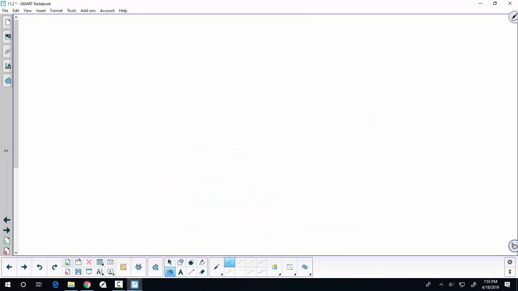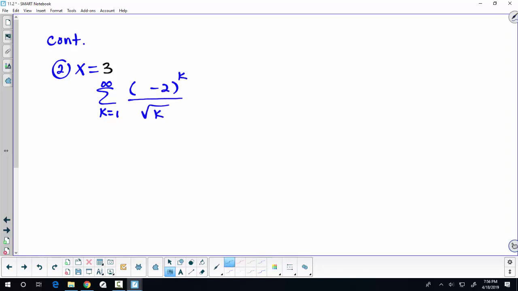I'm going to start another page here, just so that page isn't illegible when you print it out. Okay, so that gives us the sum of 1 to the k over root k. 1 to the k is always 1.